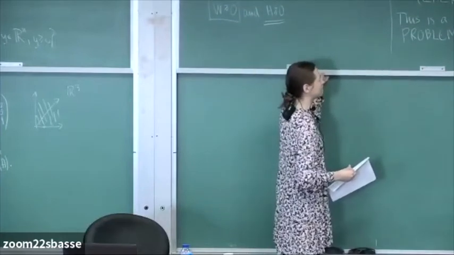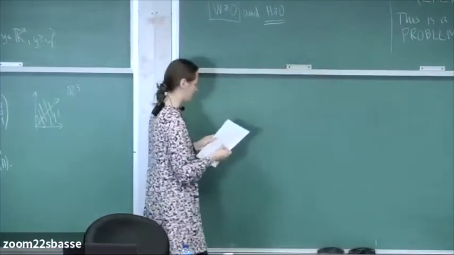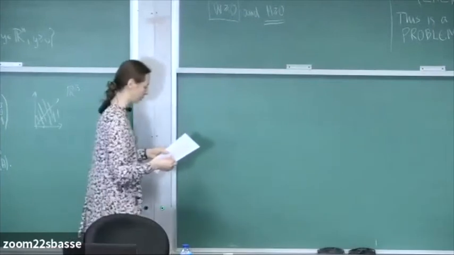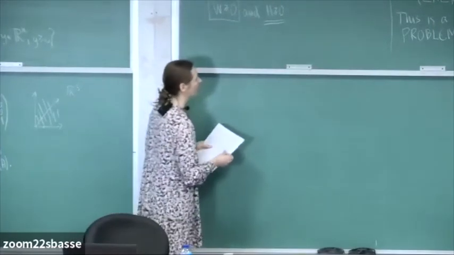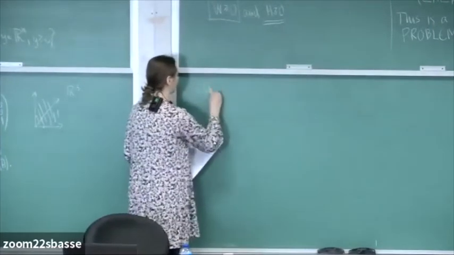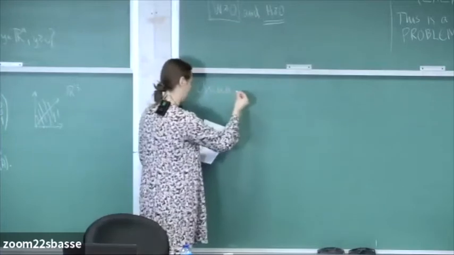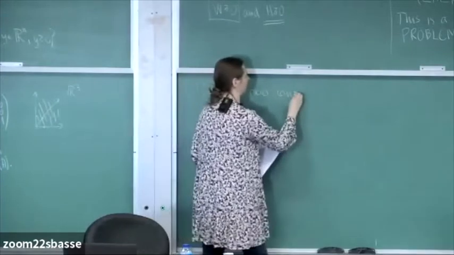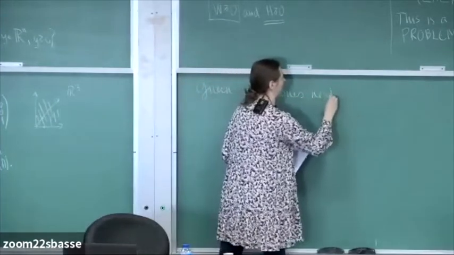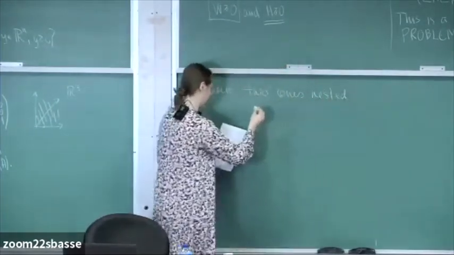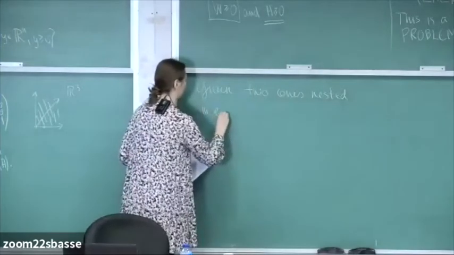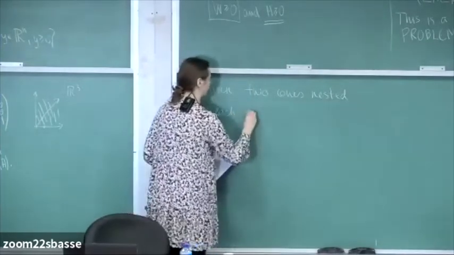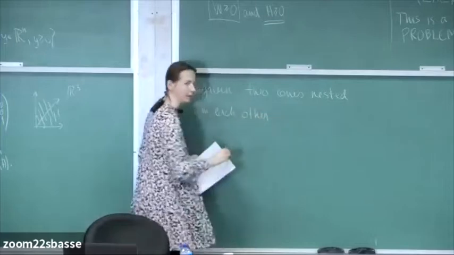This is a nested cones problem, and let me write down once more what a nested cones problem is. Given two cones nested in each other, and nested in this case means one is contained in the other.